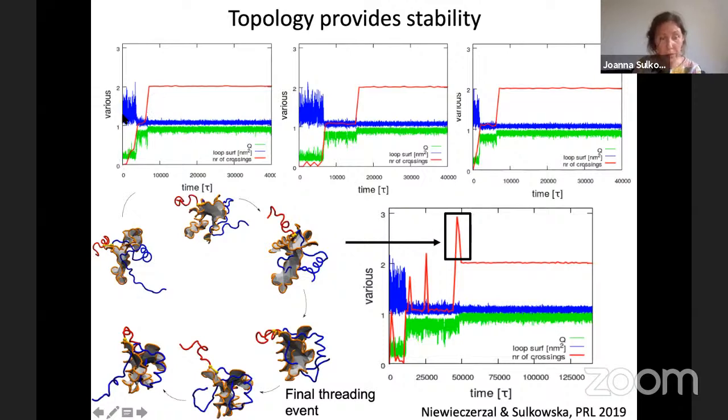This is time of folding. In the beginning, you have a lot of fluctuation and a very low number of native contacts, and there is no topology, no crossings. But over time, you cross the first time, so you make one crossing.